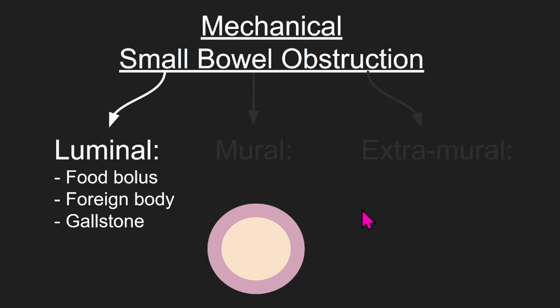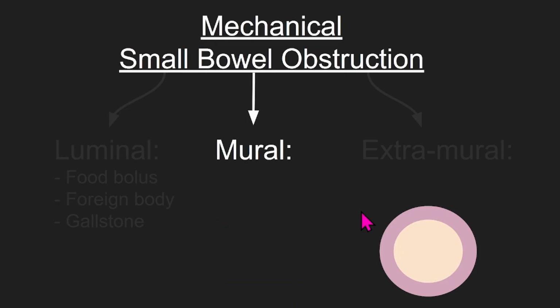And a gallstone, so if you develop a cholecystoduodenal fistula, you could have a gallstone that passes from the gallbladder into the duodenum, and as it goes through the small bowel, when the small bowel naturally gets narrower as you progress from proximal to distal, it can lodge somewhere and cause bowel obstruction.